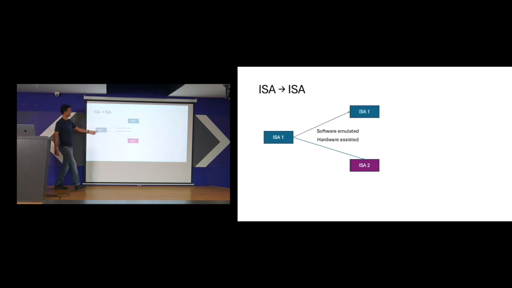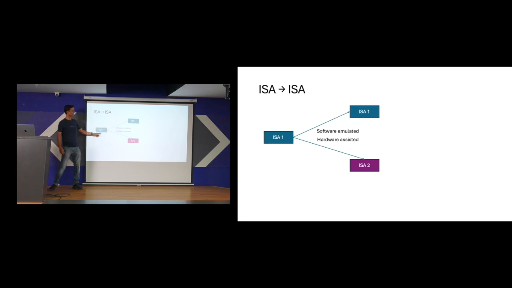We also sometimes have translation between the same ISA. For example, when you run a Linux machine on a Windows machine, or a Windows machine on a Linux machine, the ISA is the same, because both of them are executing your Intel or AMD machine language. But you still have translation going on because of memory models and how the operating system does the processing.